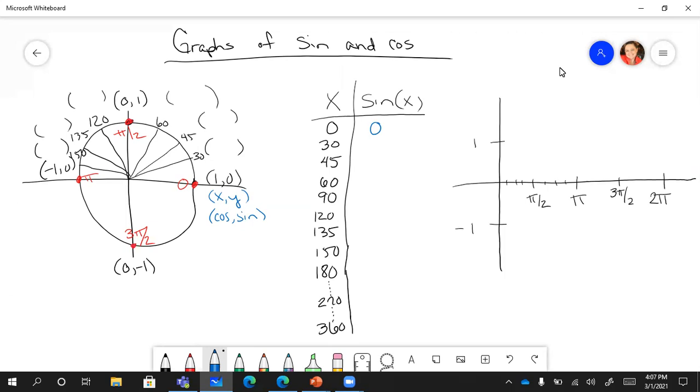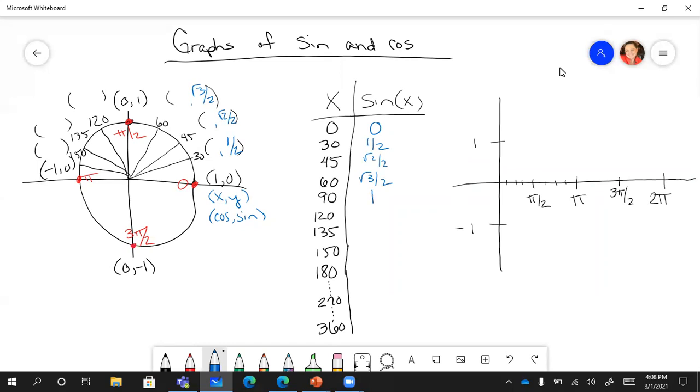What about 30 degrees? Sine of 30 is 1/2. Sine of 45 is √2/2. Sine of 60 is √3/2. And sine at 90, my Y value is 1.